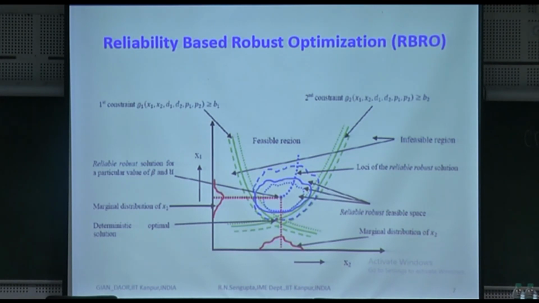Now what happens if they are probabilistic? Consider for the time being they are normal. Even though I have not drawn it, I will try to make some sense of it.